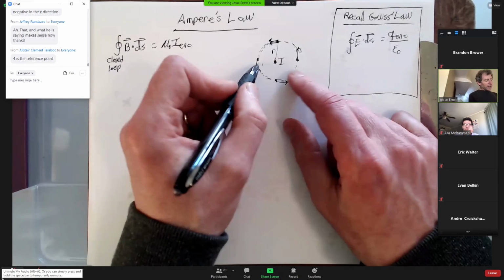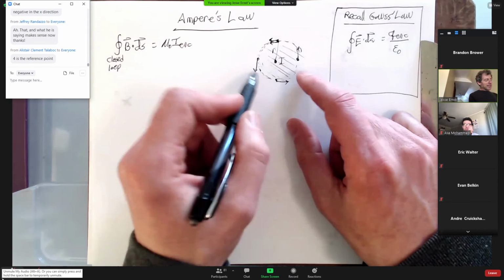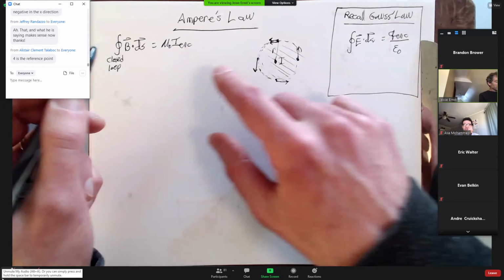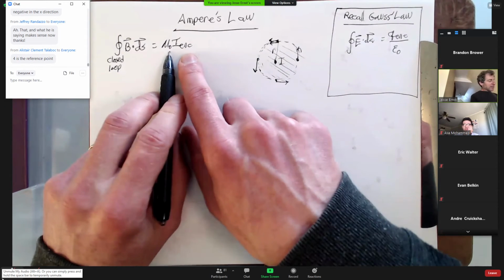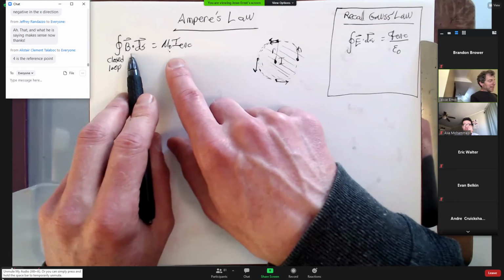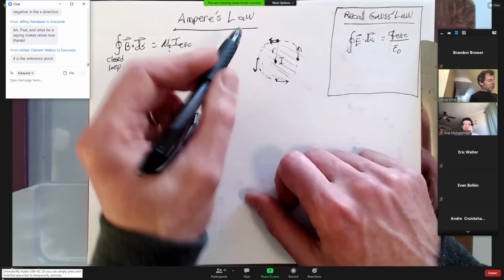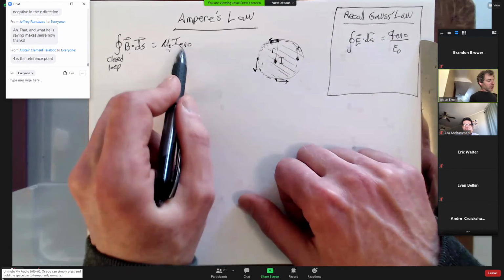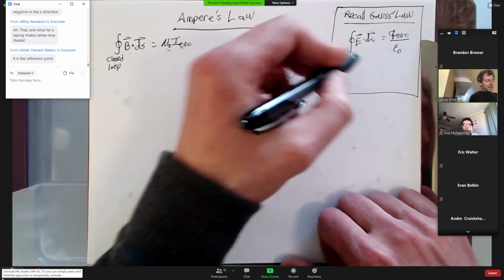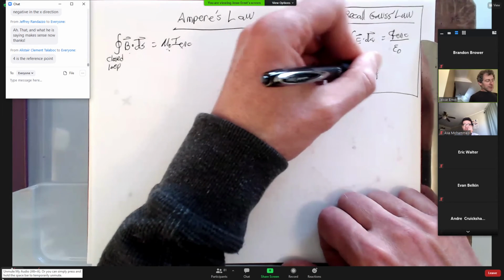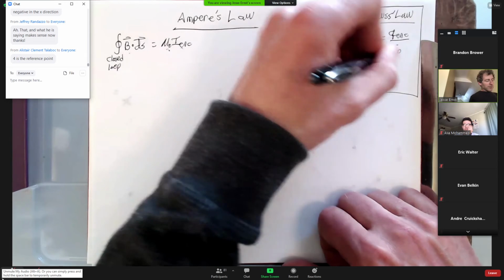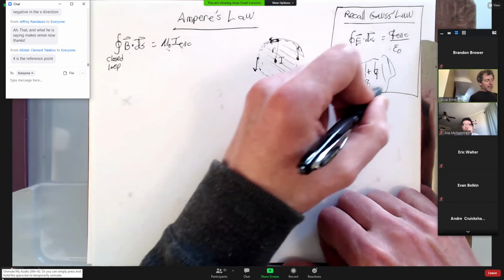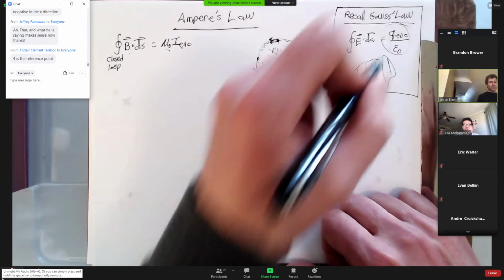And there is current that is contained by this loop. It's current I. And so what this tells us is that Ampere's law makes the claim that these two quantities are the same, that the integral of B dot ds around this loop is equal to mu naught times the current inside it, in just the same way that if you had some charges here, and I had a closed three-dimensional surface around it, E dot dA integrated over that surface is equal to the charge inside it.